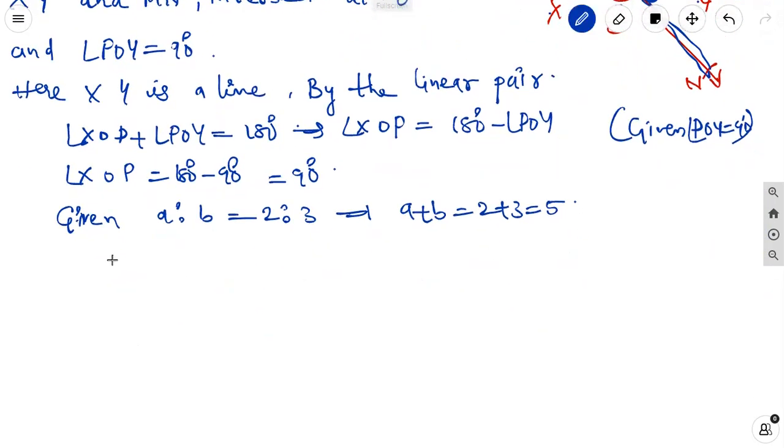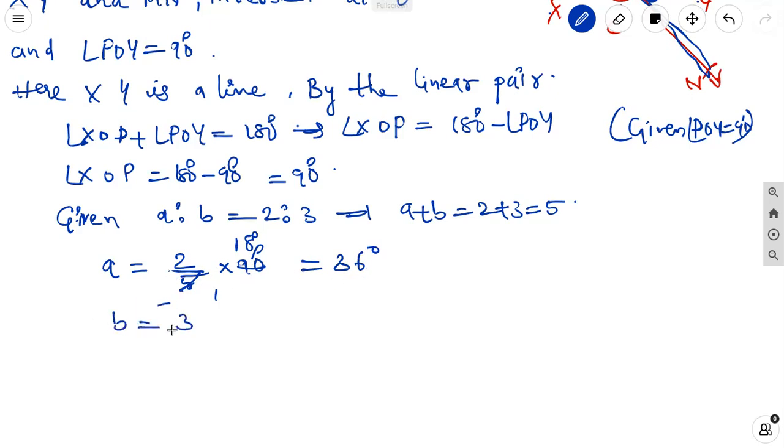So A is equal to 2 by 5 into 90 degrees. 18 fives are 90, 18 twos are 36 degrees. So A is 36 degrees.